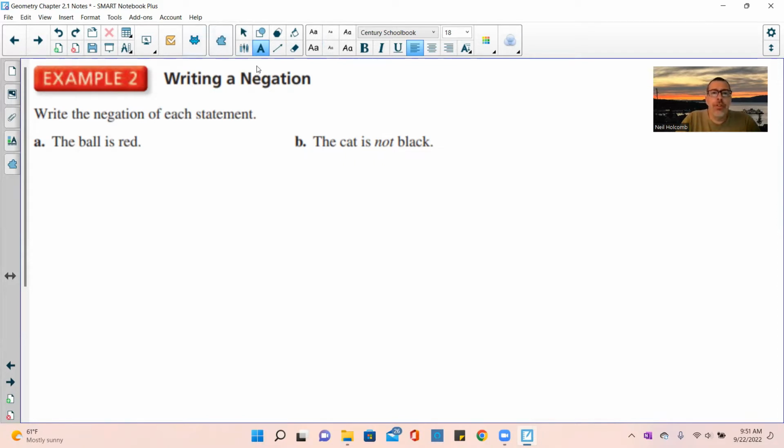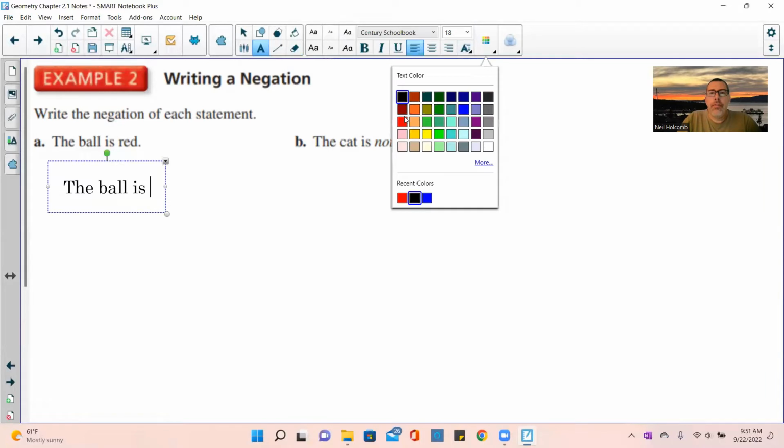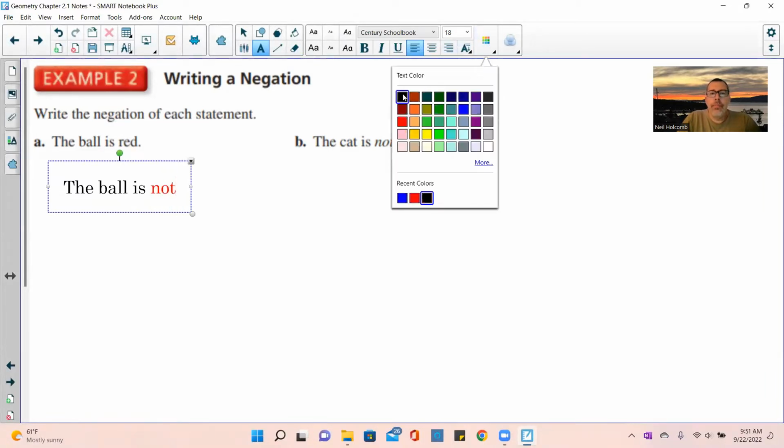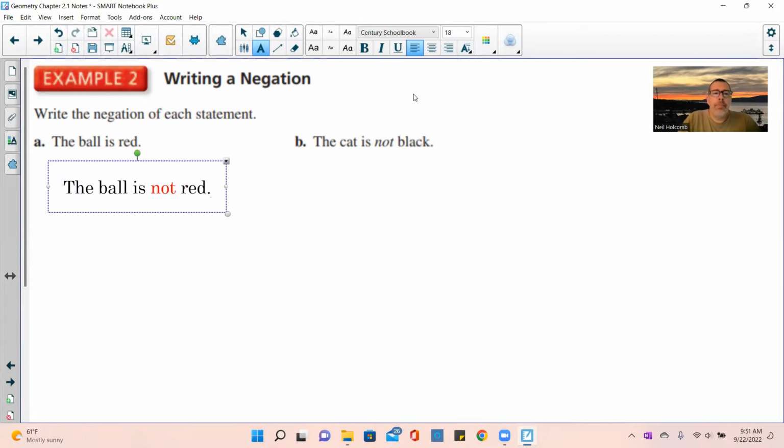So all we're going to do is say the ball is not red. Okay, so there's the negation of the ball is red: the ball is not red. Don't give a counterexample. If it says the ball is red, don't say the ball is blue. You have to say the ball is not what they originally said.